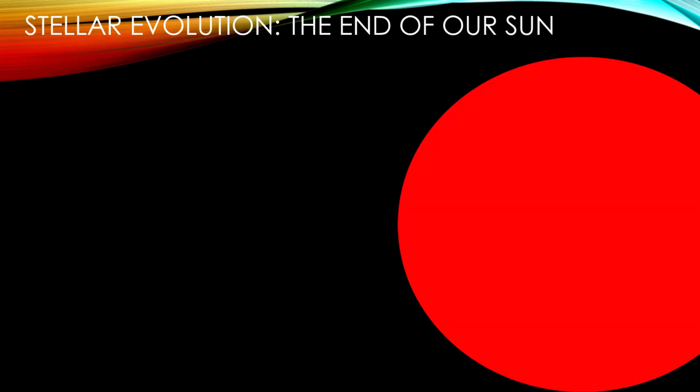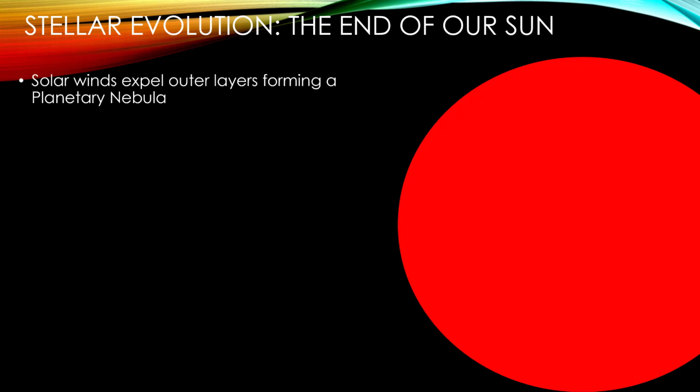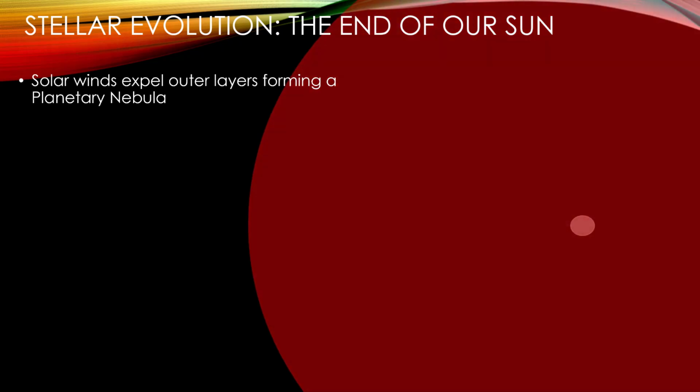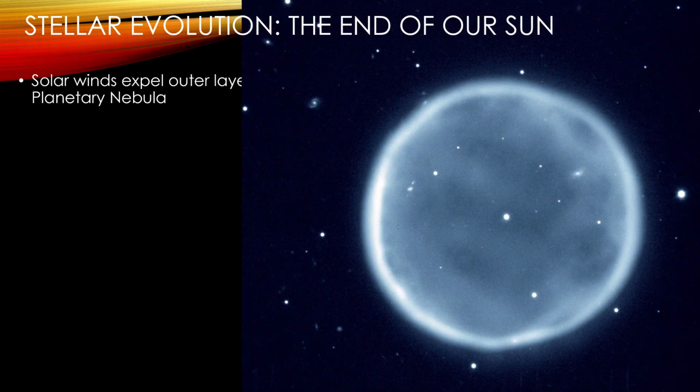That really is going to be, for the most part, the end of our star being a true star, where nuclear fusion is happening inside of it. What we're going to see at this point is that the solar winds, because the core has gotten much smaller and hotter, are increasing, and layers are actually going to start to blow off of our sun, forming what is known as a planetary nebula.